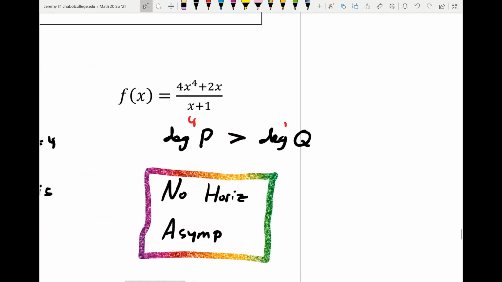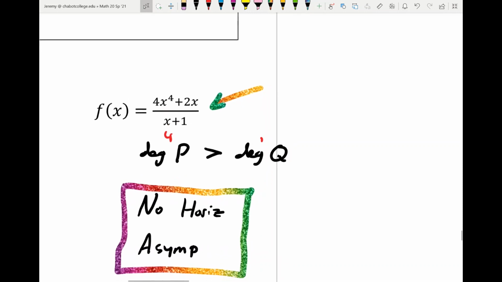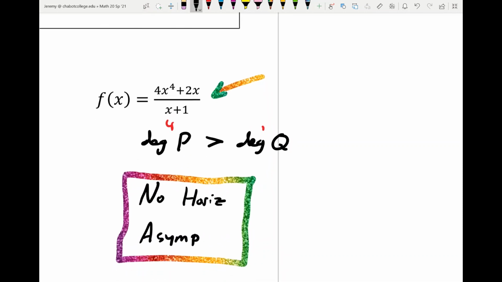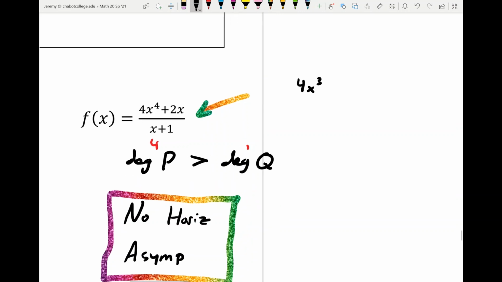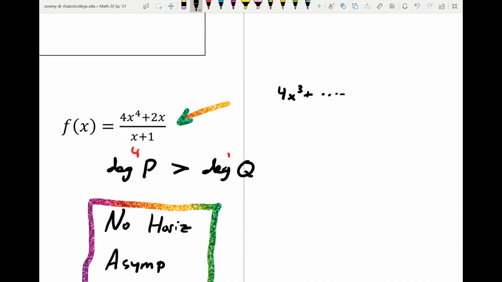And if we took this, and now that we have polynomial long division, if we divided this, like using long or synthetic division, we would end up with something that looks kind of like a polynomial. Like we would end up with some function that looks something like 4x cubed plus blah, blah, blah, and then plus the remainder over the divisor.